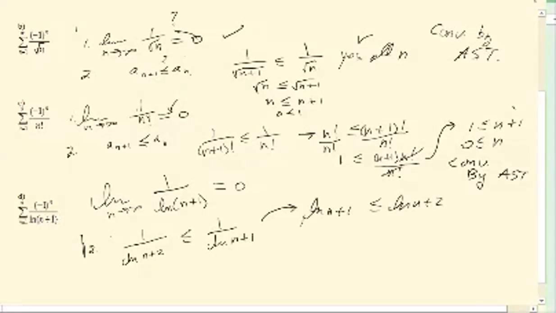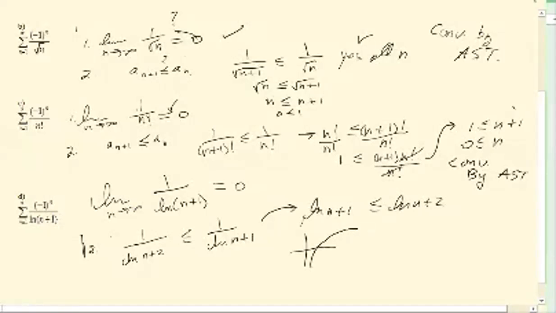So this would mean, let's see, what else can we do here? Well, it's probably good enough to stop here. Since natural log is an increasing function, we can argue that this would have to be true.